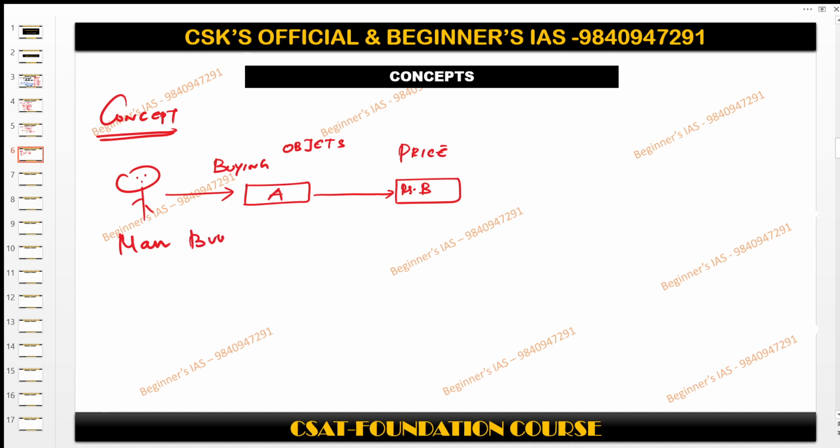In words you can write: a man buys X object with rupees. Okay, here instead of X you can take A. That is better.